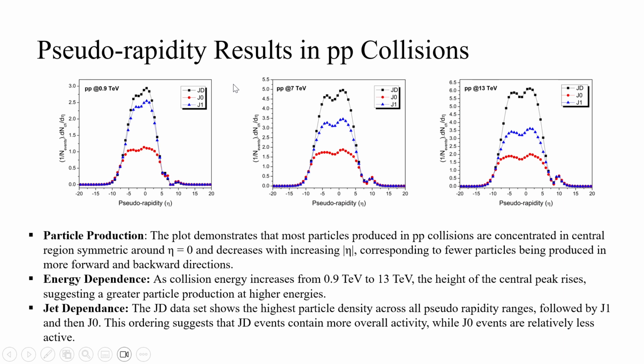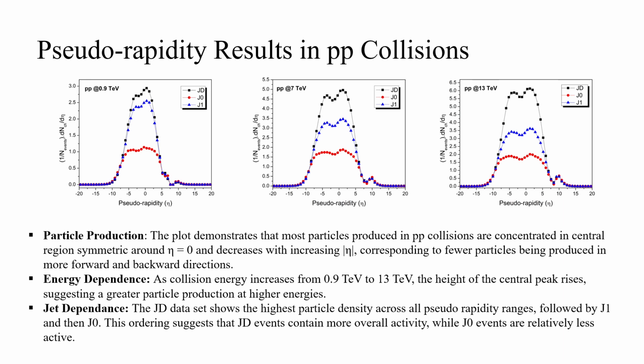So that's why the distribution of pseudo-rapidities is very crucial, because by changing the amount of energy, we can influence the spatial distribution of particle production, which is very important to understand the dynamics of proton-proton collision.